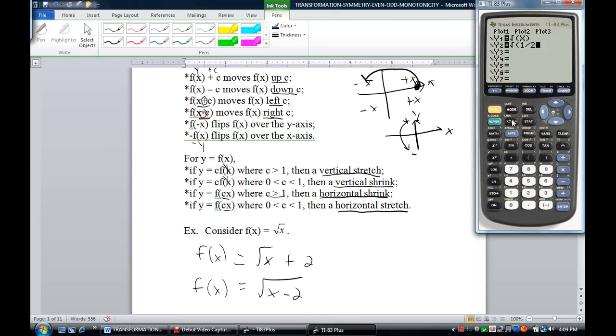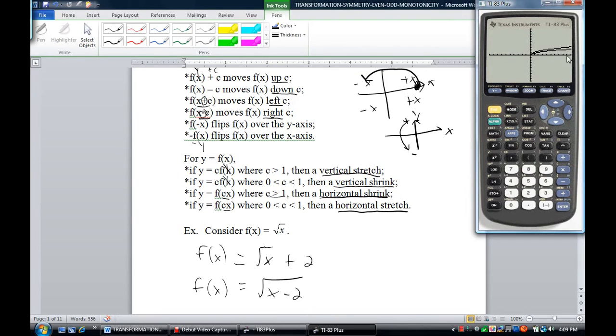It's all about placement of the number. In this case, the number's inside with the x, being multiplied. Once again, the stretch and shrinking, or some books call it compress. If you see shrink, it's also compress. So just be aware. In this case, it's going to stretch it out horizontally, because it's with the x, we're thinking horizontally.